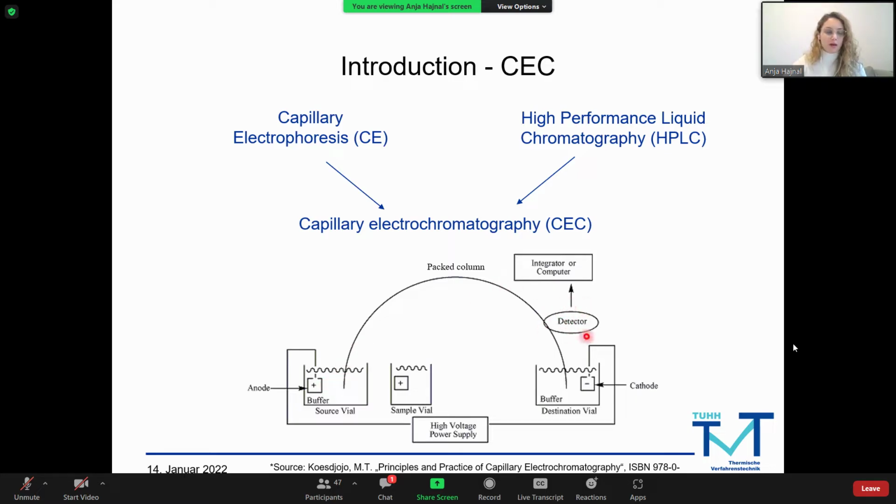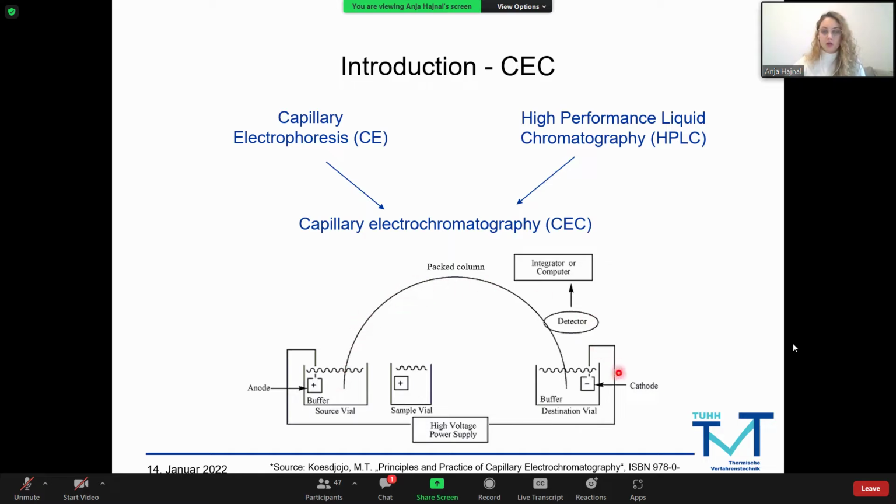And on its path, it passes through a detector where the information is collected about the composition and the flow of our solution is going from the anode to the cathode when we apply high voltage between our electrodes.